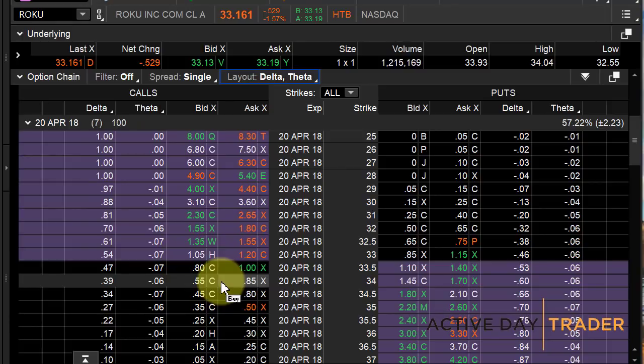The options rule from the Options Security Council is if your option is 1 penny in the money, so if the underlying closes at $34.01 next Friday, you're automatically going to be exercised, which means you're automatically going to be long 1,000 shares. The exchange or your broker is going to assume that if you're 1 penny in the money, you're going to want to be long stock.